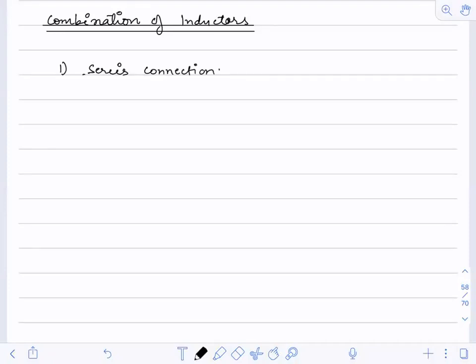When we have two inductors kept in series, current is the same. So L equivalent would be L1 plus L2, considering only self inductance. This is the series combination for inductors.